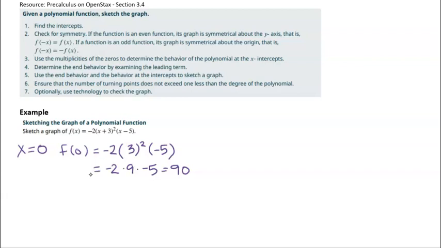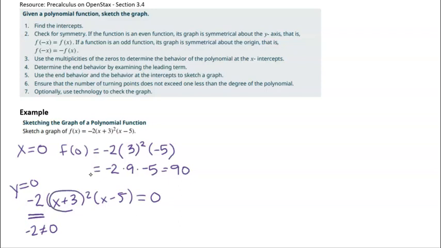Then I'm going to find the x-intercepts, which is when y equals 0. So I'm going to set my function equal to 0. Now, I chose this one because there are a lot of students that will then say there is a 0 at 0. But -2 is never equal to 0. There's no x there, so don't plug that in as a 0.